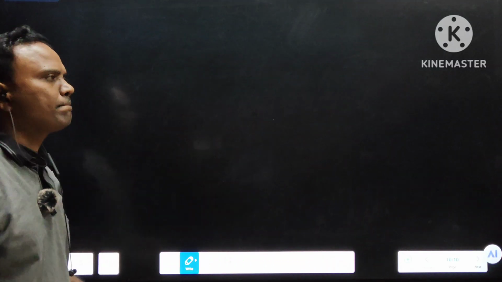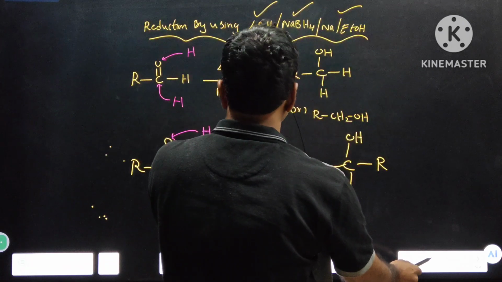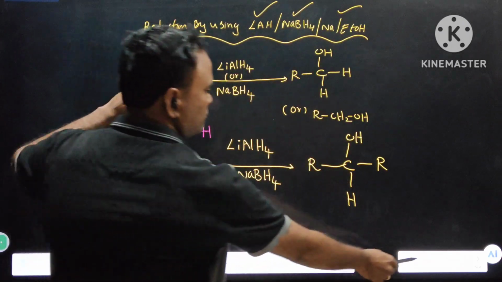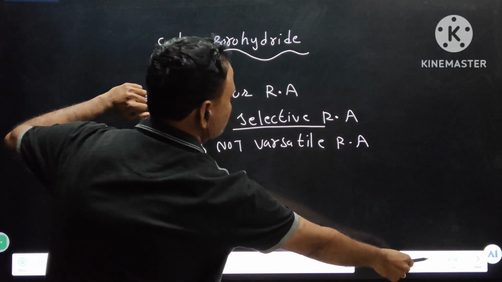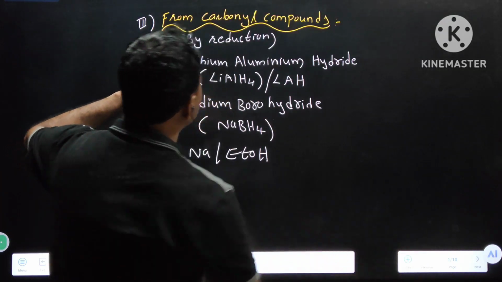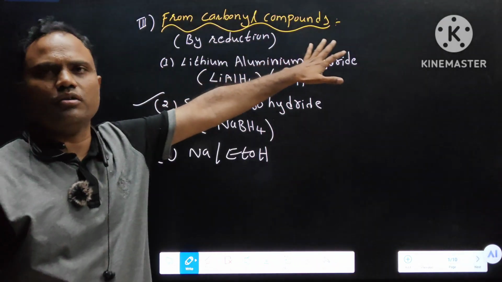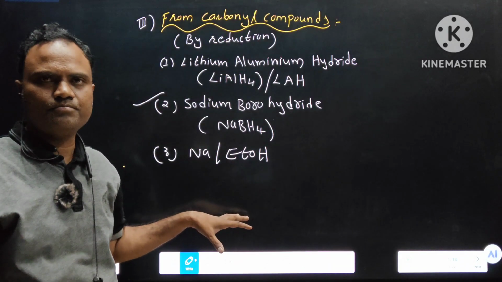Next method, reduction of esters. This is very important, like carbonyl compounds. From carbonyl compounds we have seen lithium aluminum reagents, right? By using these reagents.